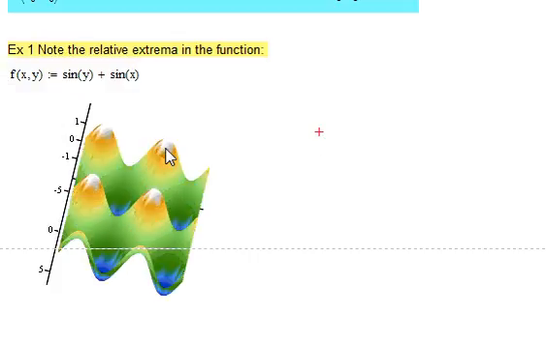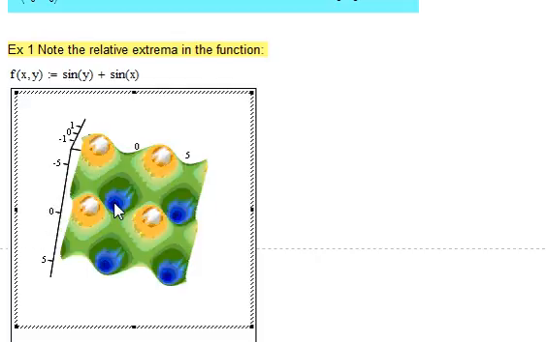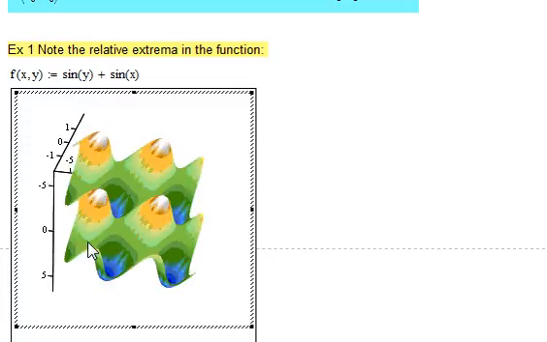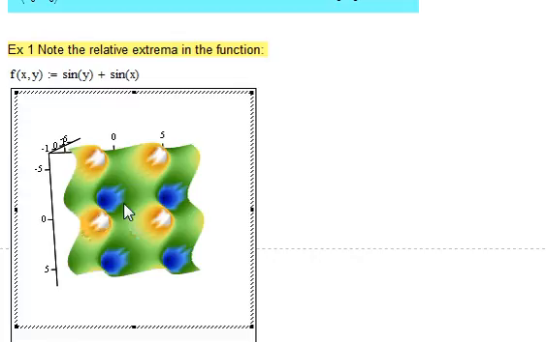What we're looking at is relative maximums here, here, here, and here, and relative minimums here, here, here, and here. Of course that's not the entire domain, but imagine in the xy plane there's an open disk containing this peak point, such that the peak point is bigger than f of xy at all the other points in that disk.